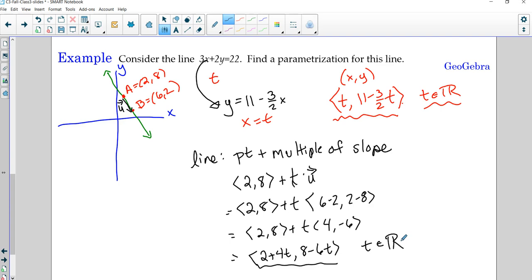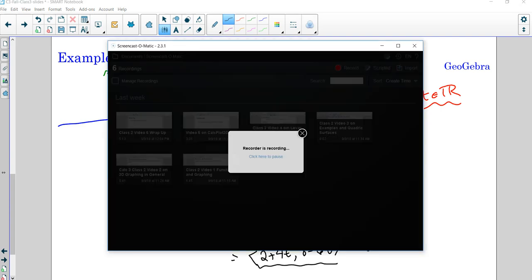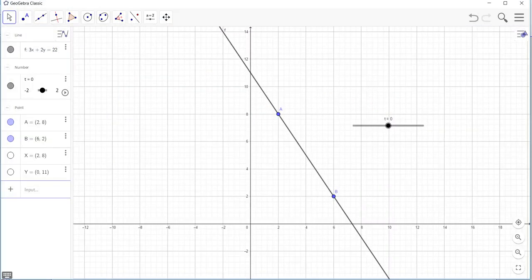Okay, if we want to check that both of these are correct, we can go into GeoGebra. What I did, in the upper left hand corner you might see, is that I just typed in that original function, and then I made a slider using the option up here, and I also placed the points A and B on this line.